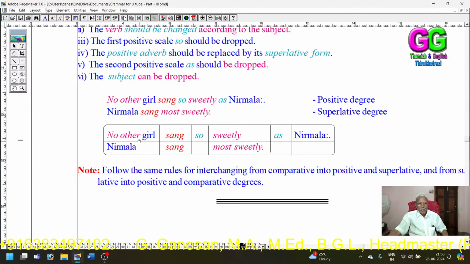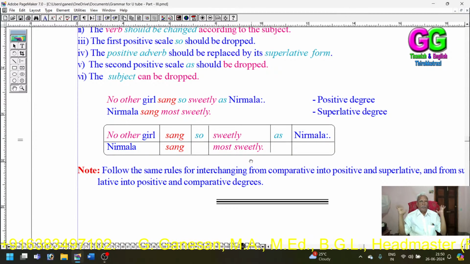So, no other girl sang so sweetly as Nirmala can be expressed in superlative form: Nirmala sang most sweetly.